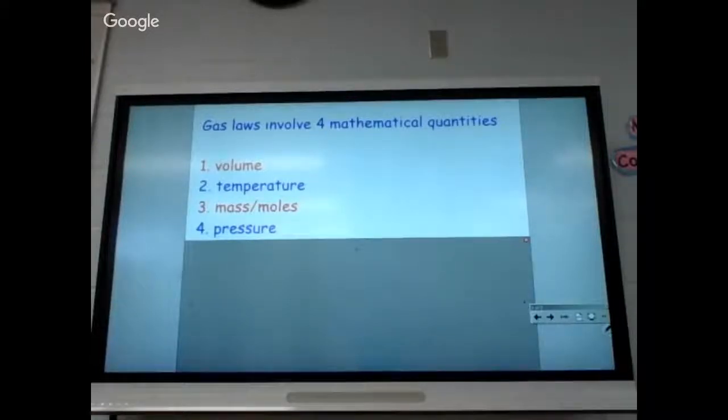Now, the first 3, we've already done this semester. So we reviewed those in the opening. The only one we haven't done is which one? The last one. So the last one is the one that we need to talk about before we can talk about any of the gas laws today. We got to talk about pressure conversions because we haven't done any of that.